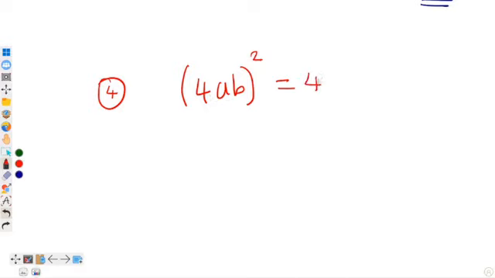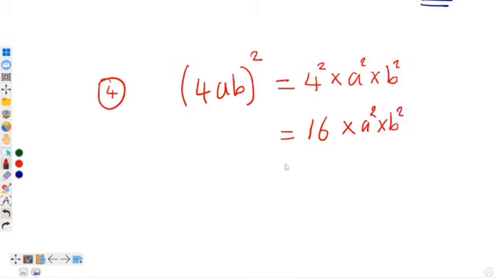So this will be 4 power 2 times a power 2 times b power 2. 4 power 2 means 4 times 4, which will give us 16. 16 times a squared times b squared. So the final answer will be 16a squared b squared. This will be our final answer.